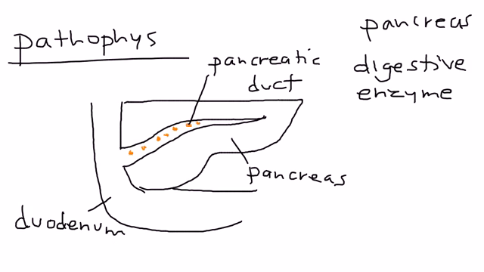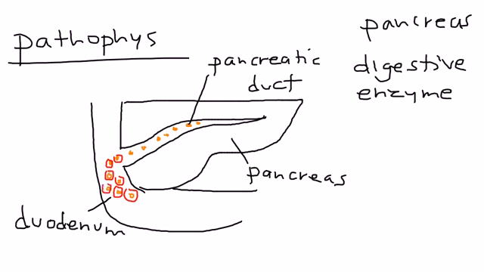Once they're released into the pancreatic duct, eventually they get secreted into the duodenum here. Then in the duodenum, in the small intestine, they can play the role of helping with digestion. Now, what's important is while they're in the duct, they're inactive. Once they're in the duodenum, they become active. So I'll illustrate that they're active by circling them in red.